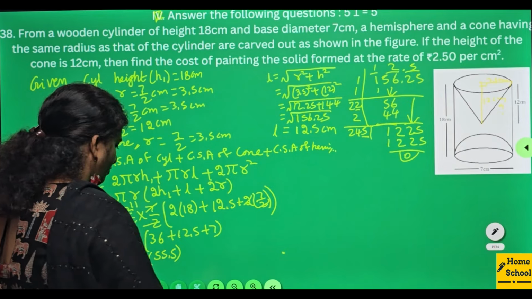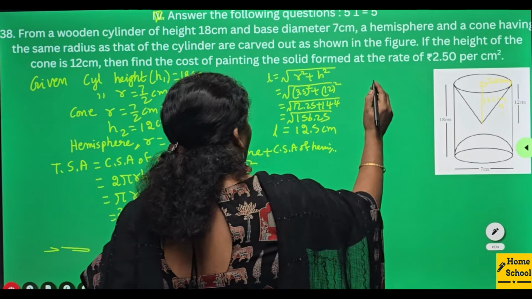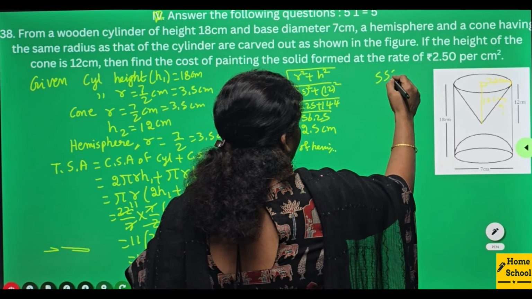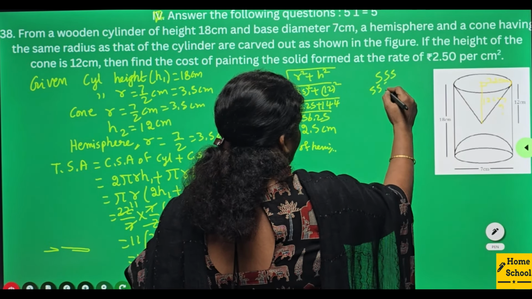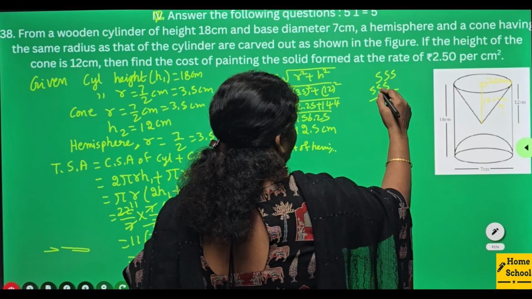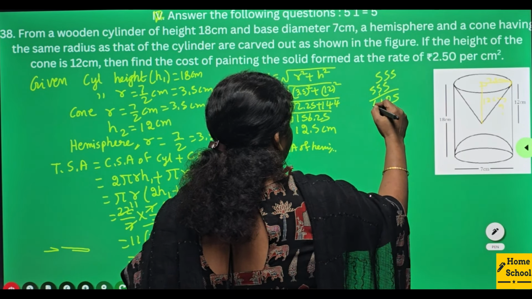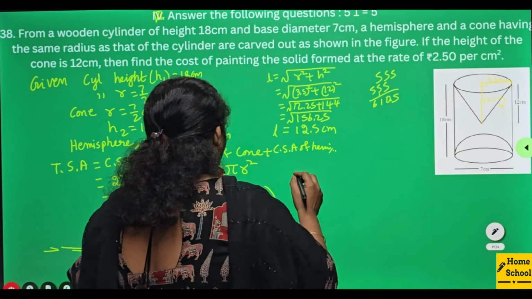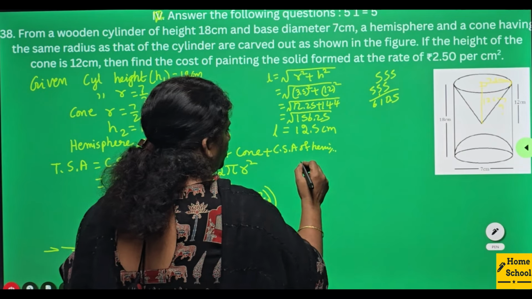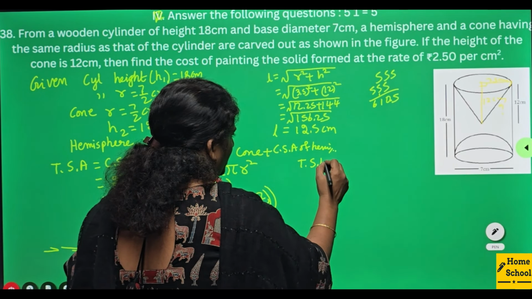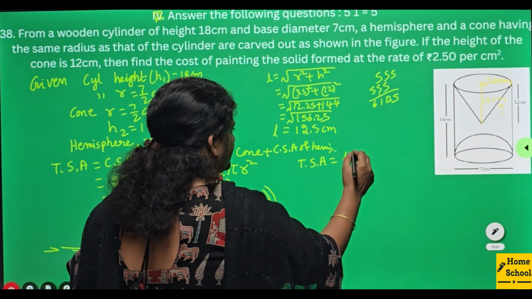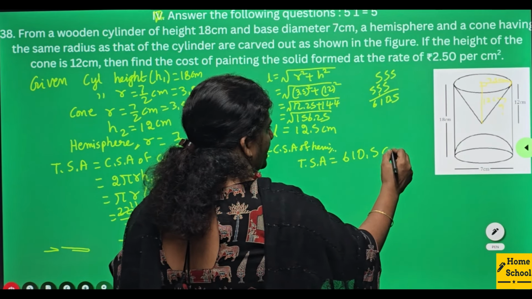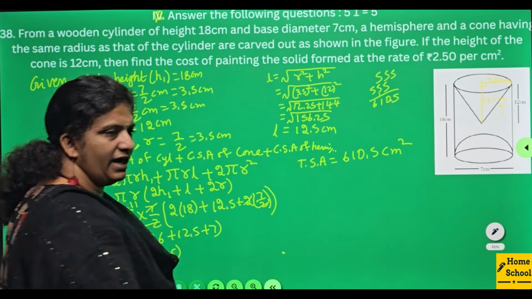Multiply this 55.5 into 11. Do the multiplication here. 555 into 11, it will be 5, 10, 11, 610.5. Therefore, the total surface area of the solid is 610.5 centimeter square.